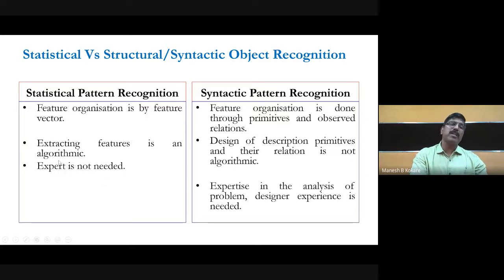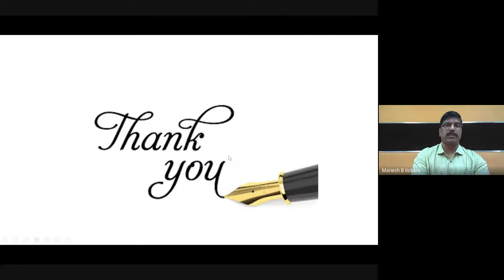So an expert is not needed in case of statistical object recognition, but in syntactic, to get better classification or better results, expertise in the analysis of the problem or designer experience is very highly essential for the success of syntactic or structural pattern recognition or object recognition.